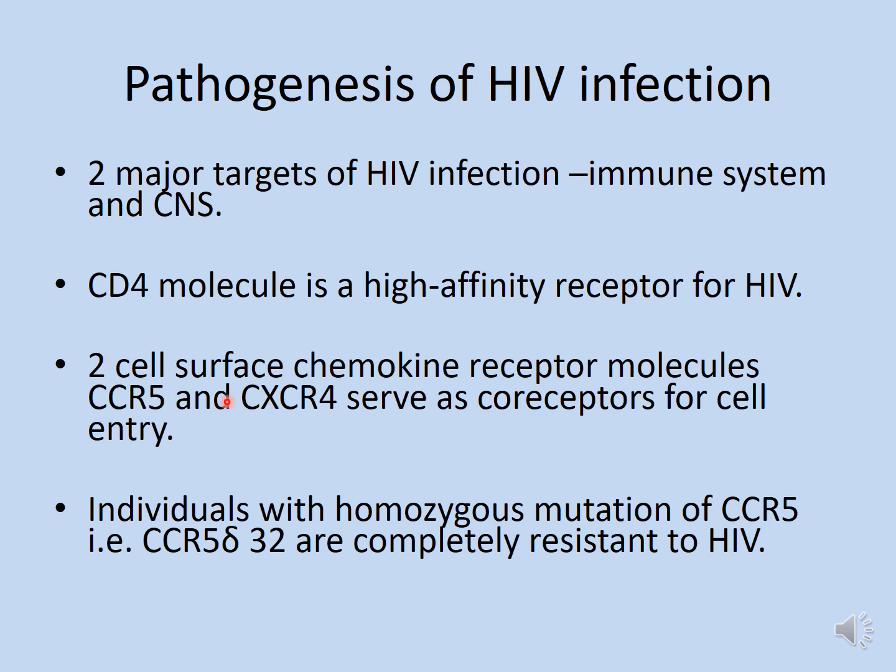The two cell surface chemokine receptor molecules, which are CCR5 and CXCR4, serve as co-receptors for the cell, for entry. And something very interesting here, individuals with homozygous mutations of CCR5 are found to be completely resistant to HIV.